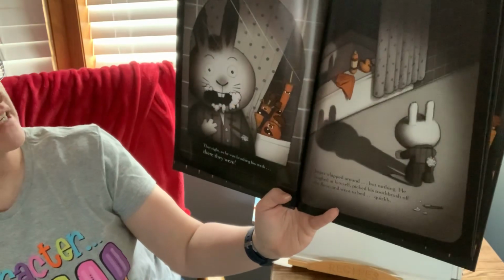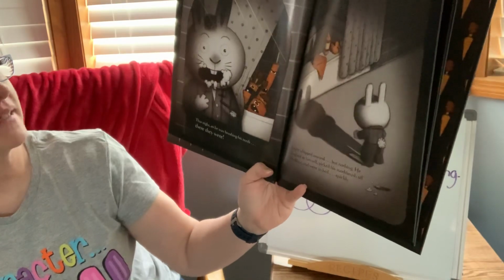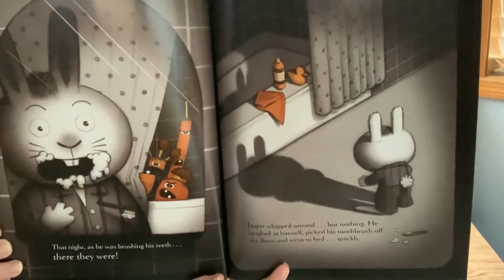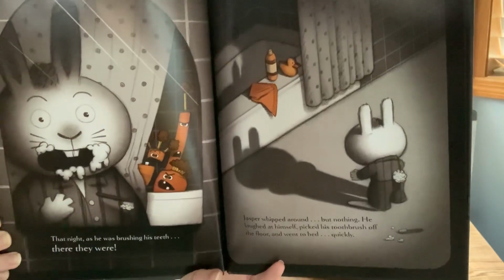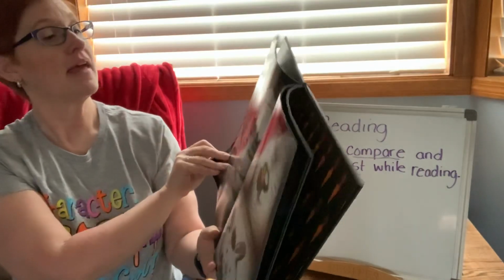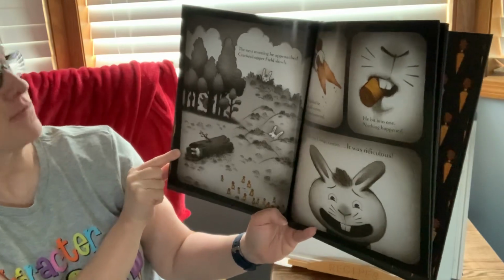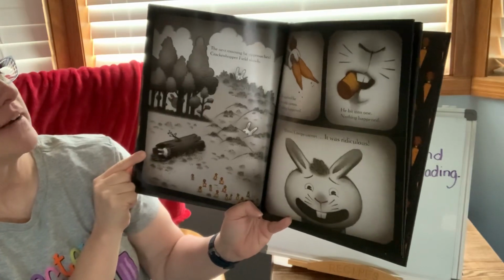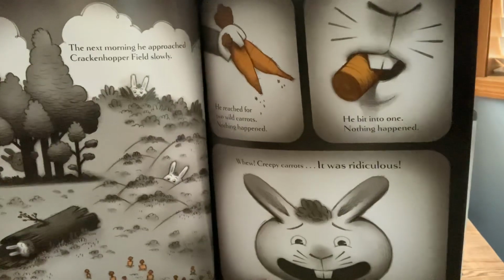That night, as he was brushing his teeth, there they were. Jasper whipped around, but nothing. He laughed at himself, picked his toothbrush off the floor, and went to bed quickly. The next morning, he approached Krakenhopper Field slowly. He reached for two wild carrots. Nothing happened. He bit into one. Nothing happened. Whew, creepy carrots. Oh, it was ridiculous.